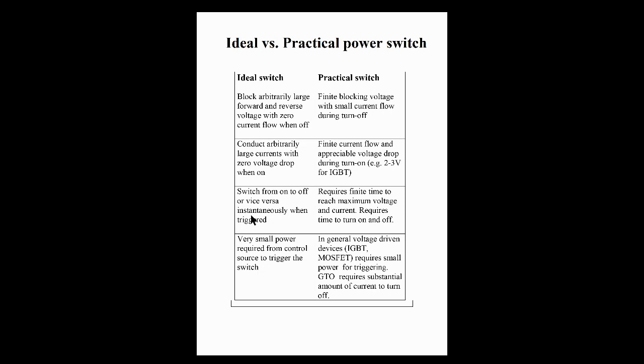But for our real switches, this time is not instantaneous. It takes some amount of time, as you would have seen with the IV profile of the switch that I showed you.